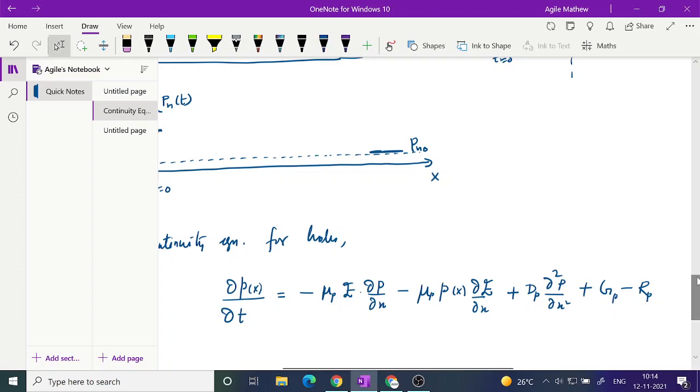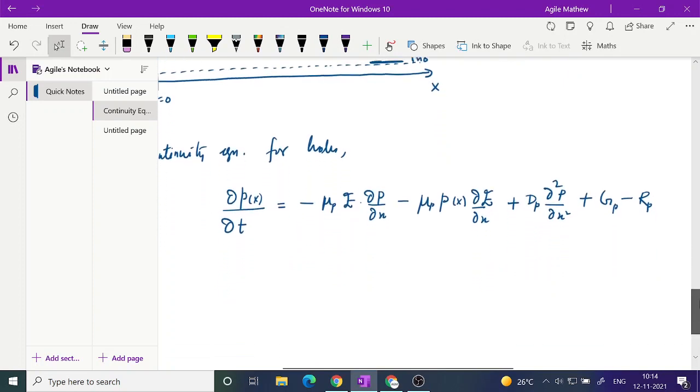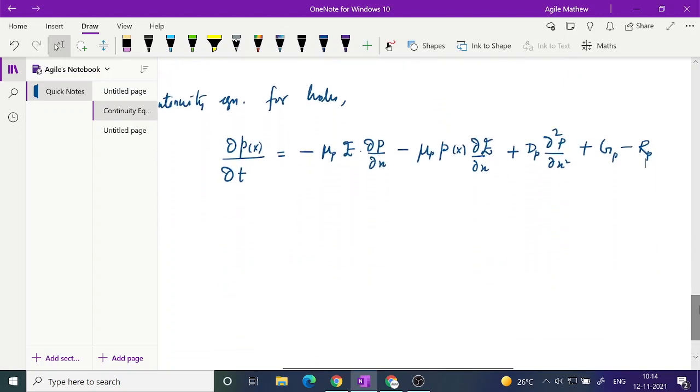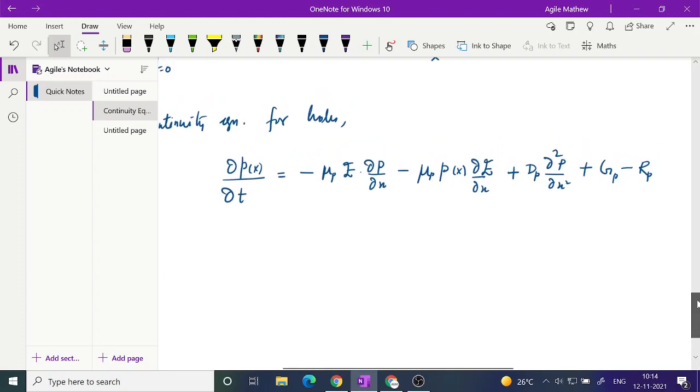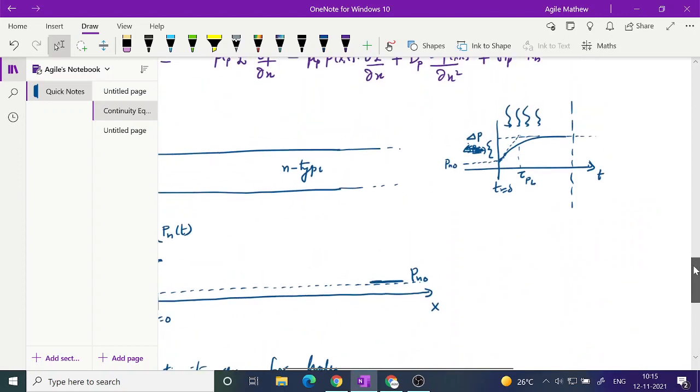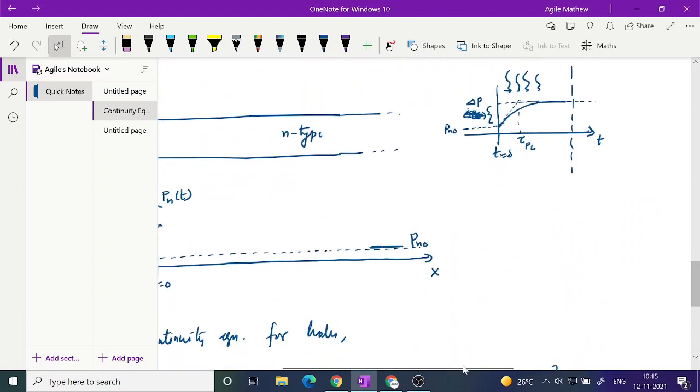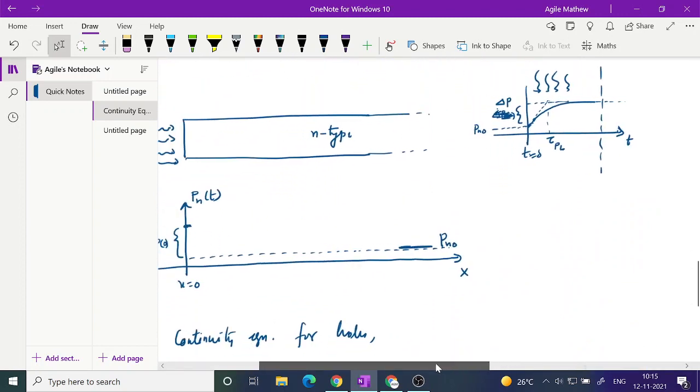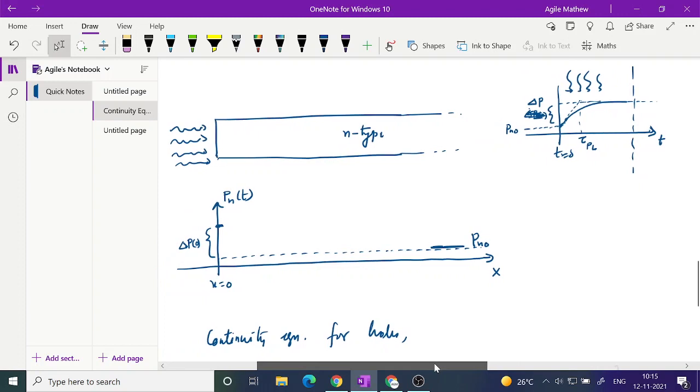Now we have to first of all check which terms are relevant. For example, we have not applied any external electric field in this semiconductor. All that we did is introduce light. We have not applied any potential or electric field, so I claim that the electric field will be 0.